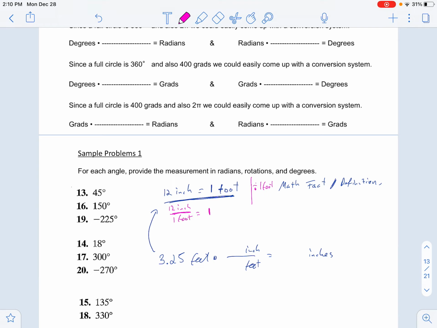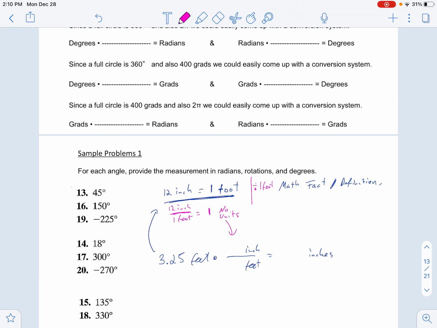Now, this is a 1 with no units. I want to point that out. So no units there whatsoever. Now, mathematically speaking, would you agree that I am allowed to multiply anything I want by a 1? Which means I'm allowed to multiply anything I want by this because it is equivalent to a 1.